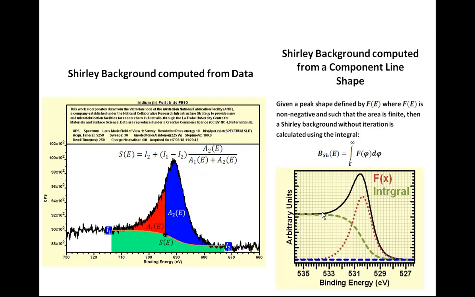So that leaves a parameter that needs to be fit as part of any peak model that might use a line shape and a component that has a shape of a Shirley background. So this is an example of where an active background component is used as part of the peak fitting.